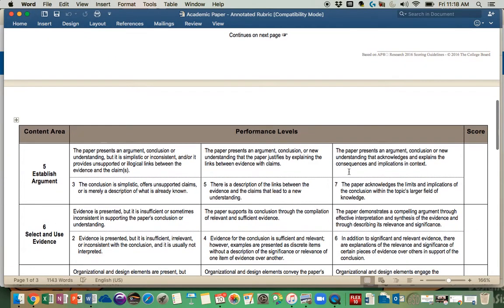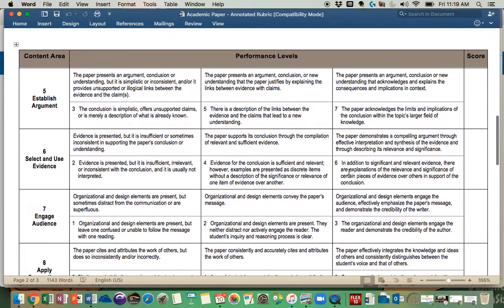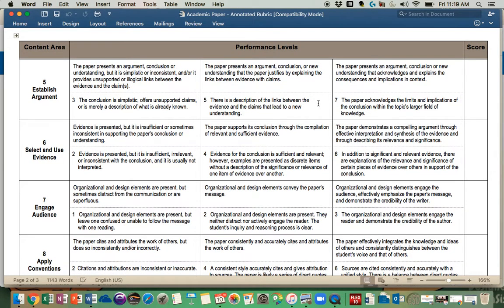All right, when we get to row 5 on the rubric, establishing the argument, I'm going to start over here on the high section, right? The paper acknowledges the limits and implications of the conclusion within the topic's larger field of knowledge.